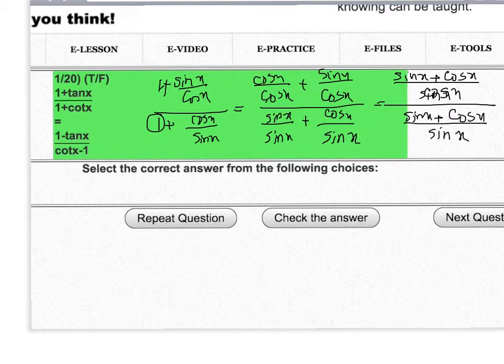Now, it's obvious that sine x plus cos x from here is going to cancel out the sine x plus cos x in the denominator. So if you simplify this, I'm going to get sine x over cos x. This goes to the numerator and this cos x stays in the denominator, which is equal to tan x.